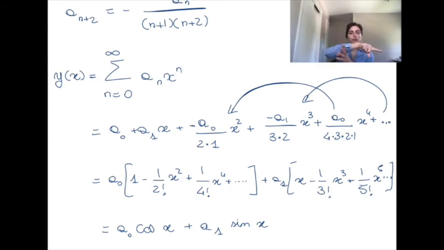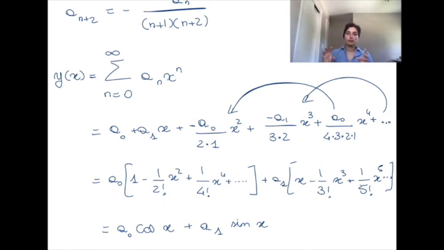We have to look at what is 2 steps before that, x to the third. For x to the fourth, we again look 2 steps before. We take what is there and we divide by the power of x and the power of x minus 1. So a0 divided by 4 times 3 times 2 times 1.